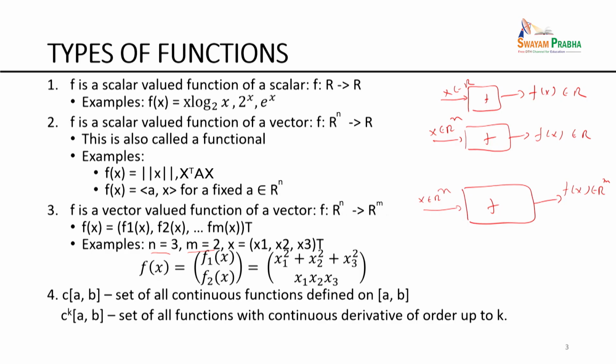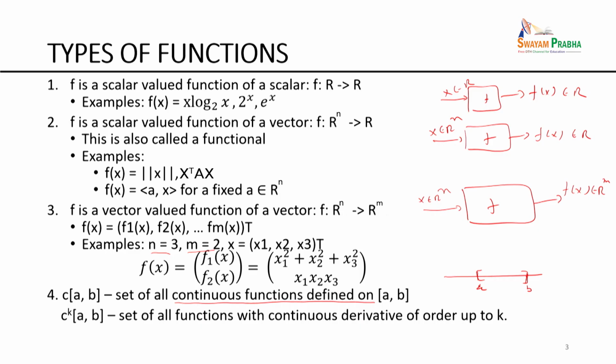Then there is another set. Given an interval AB in the real line, two points in the real line, I can define continuous functions over this interval. So C(a,b) refers to the set of all continuous functions over the interval a comma b.